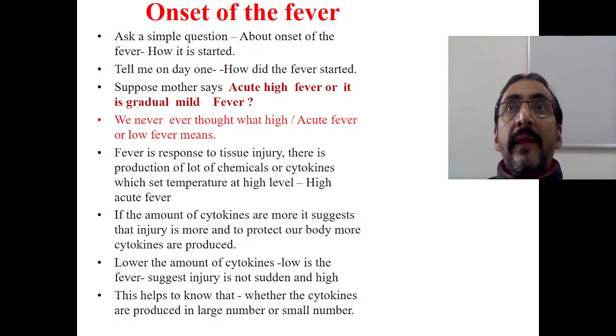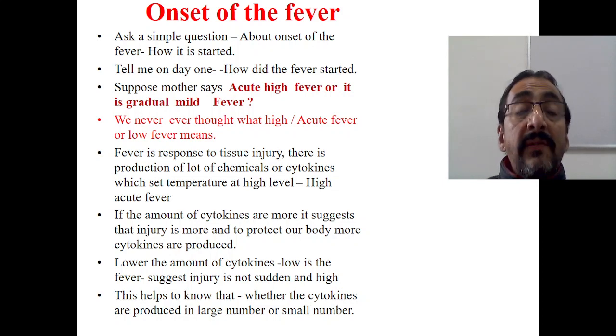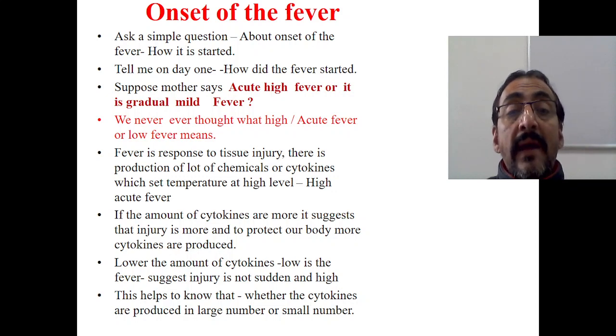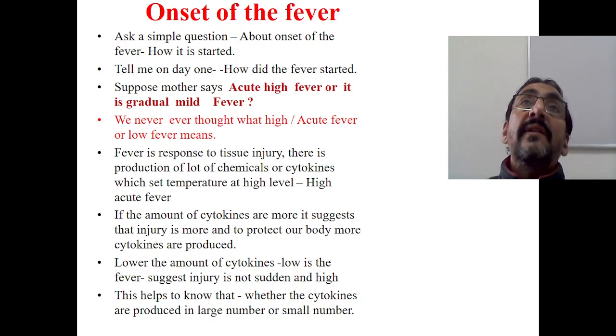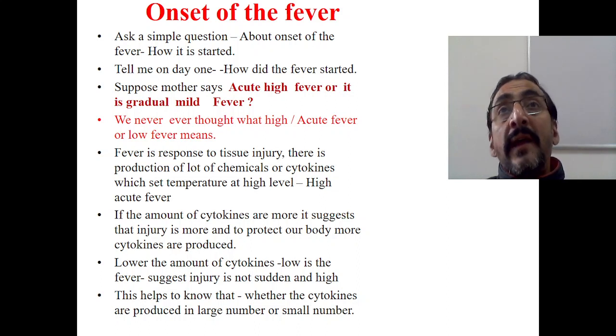This is one thing. If the amount of cytokines is more, it suggests that injury is more, and to protect our body, more cytokines are produced, and as a result the temperature is also set to the next level in a very brief interval.